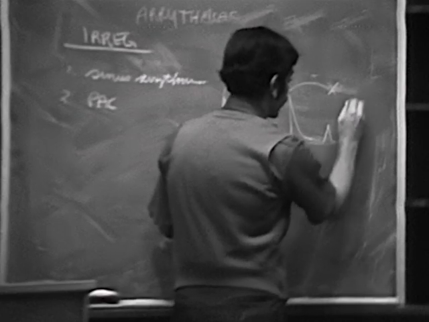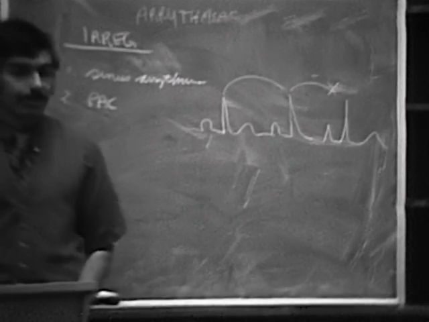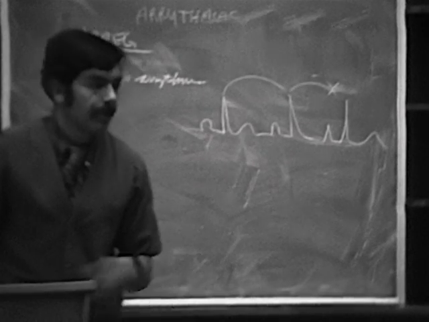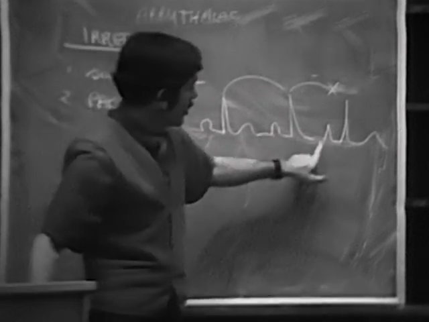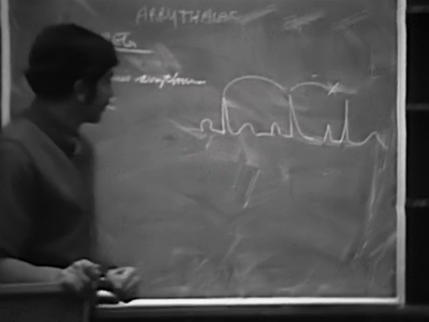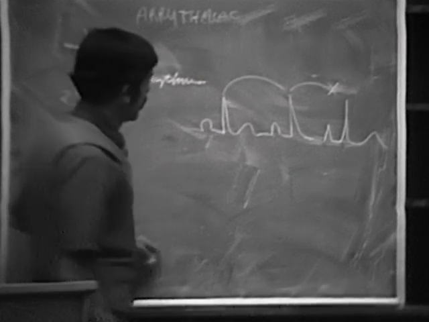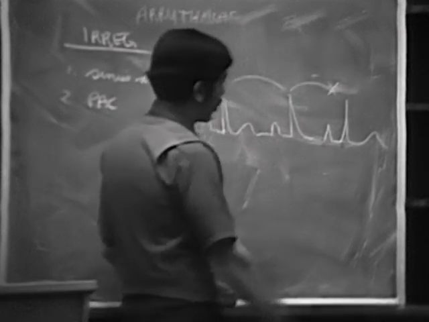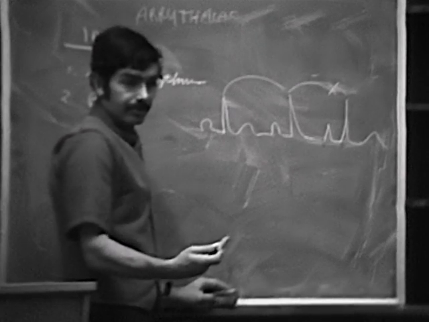But the QRS will look exactly the same. So you see a beat that's earlier, you have a P wave with a different configuration, usually, and frequently a different PR interval. And the QRS looks virtually identical to normal. The RR interval gets shorter, because it's premature.